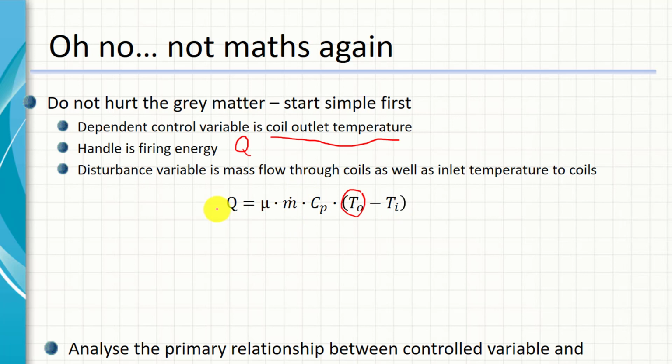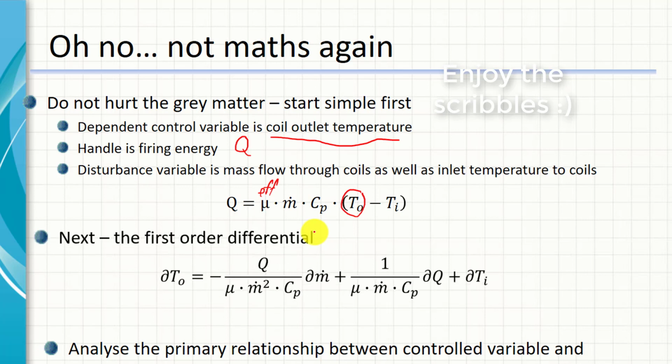So this is Q equals mu, I'll put mu as an efficiency, times your mass flow rate, times Cp, which one could assume fairly constant for whatever reason. We've got to simplify it. Now if I change the subject of that equation to the outlet temperature and take the first order difference, you end up with an equation that looks like that.